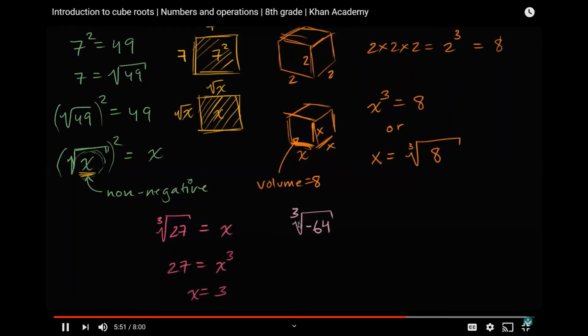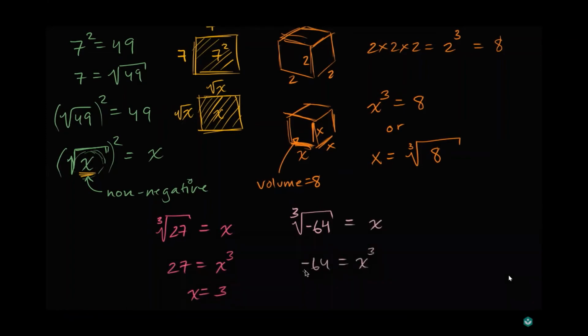If I say this is equal to x, this is the same thing as saying that negative 64 is equal to x to the 3rd power. Well, what could x be? Well, what happens if you take negative 4 times negative 4 times negative 4? Negative 4 times negative 4 is positive 16, but then times negative 4 is negative 64, which is equal to negative 64. So what could x be here?